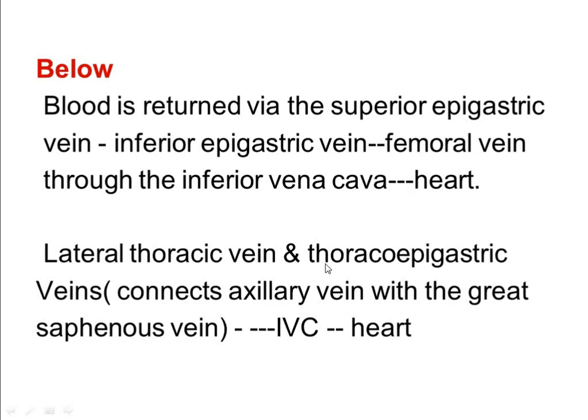Then sometimes it can also go through the thoracoepigastric veins, which connect the axillary vein with the great saphenous vein. This is the only vein connecting the upper limb and the lower limb, or above the umbilicus and below the umbilicus, the thoracoepigastric vein, which has connection with the axillary vein and the great saphenous vein, and through this into the inferior vena cava, and then reaches the heart.